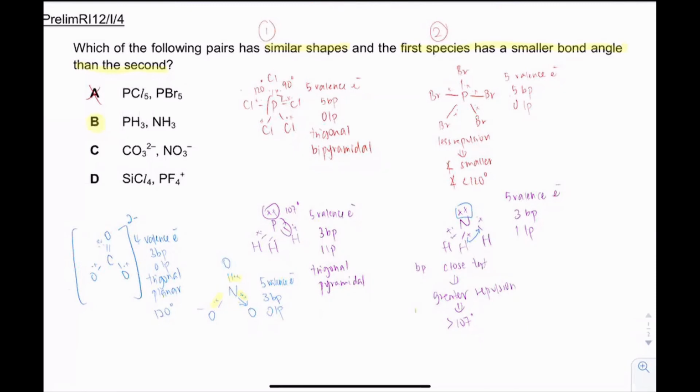So therefore, between B and C, I would say that definitely it fits the bill better, because I can say more definitely the NH3 has a larger bond angle than PH3. Okay, so therefore, I would say that for C, the bond angles would be similar. The bond angles of CO3 2- and NO3- would both be about 120. So hence, I would cross it out.